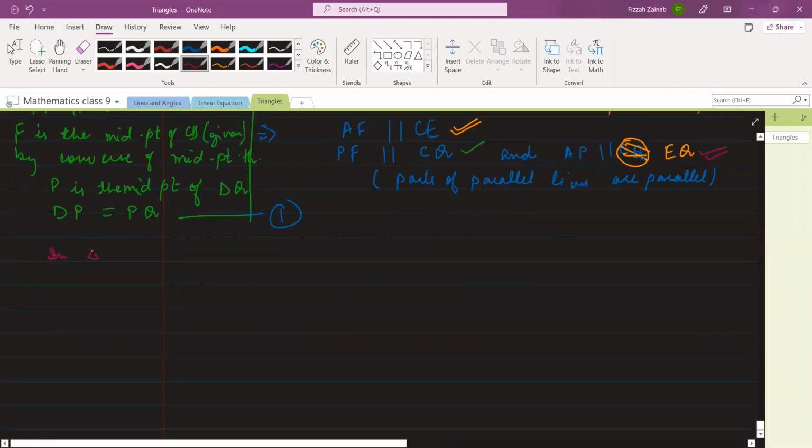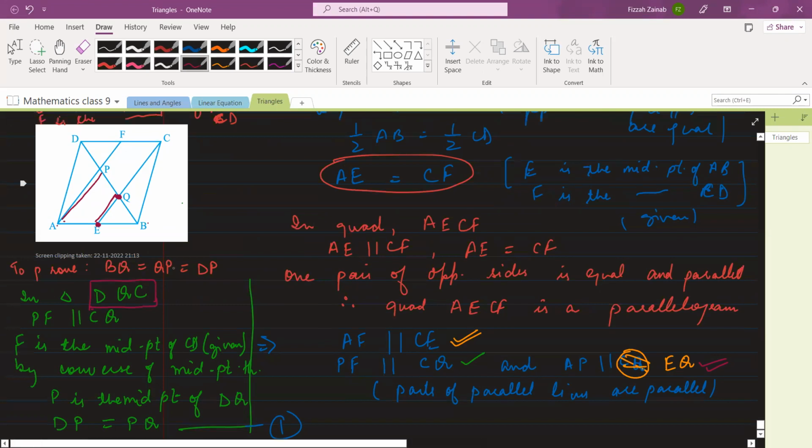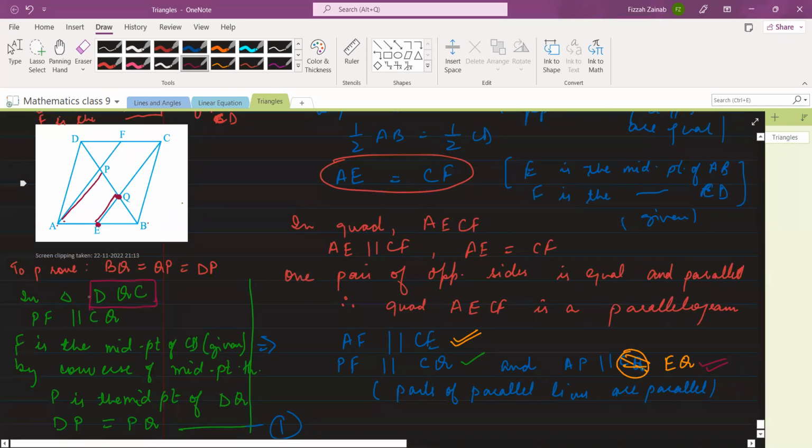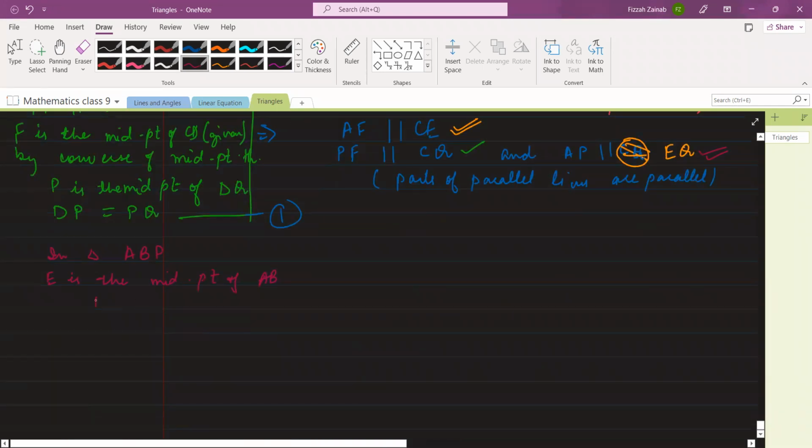So in triangle ABP, first of all, write that E is the midpoint of AB. And then this line, EQ is parallel to AP. We have proved it, right?